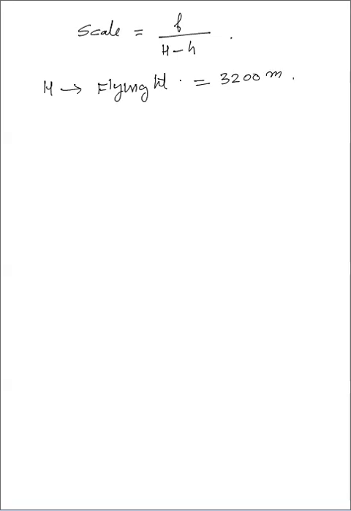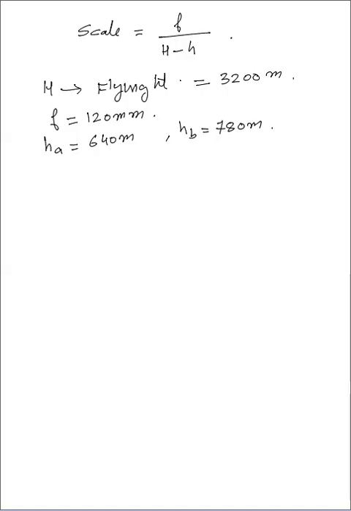Focal length they have given in the question, that is 120 mm. Now the individual heights they have given: hA is 640 meter, and hB is 780 meter.